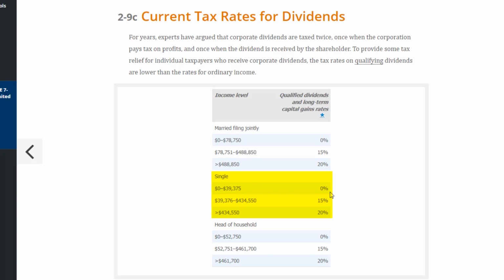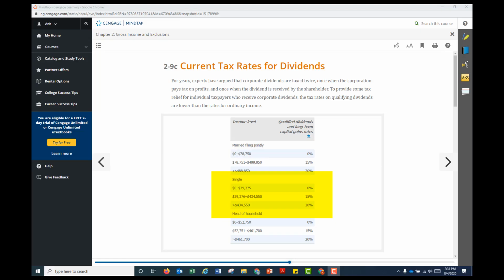If it was ordinary income, it would be at least 10%. We know ordinary income is from 10% through 37%. Here it's either 0%, 15%, or 20%. So someone with qualified dividends of $400,000 is only taxed at 20% instead of the 37% for ordinary taxable income.